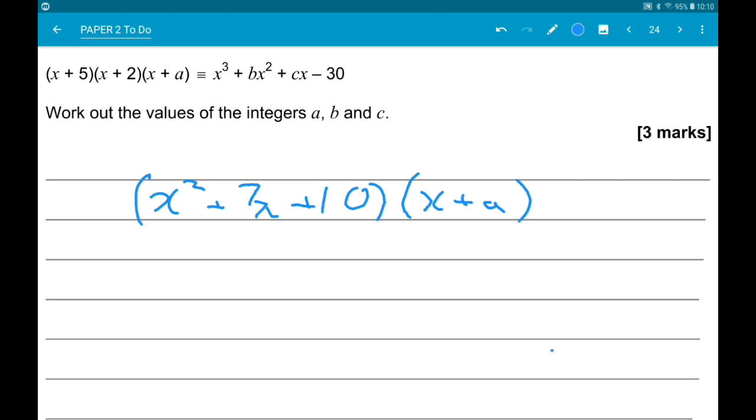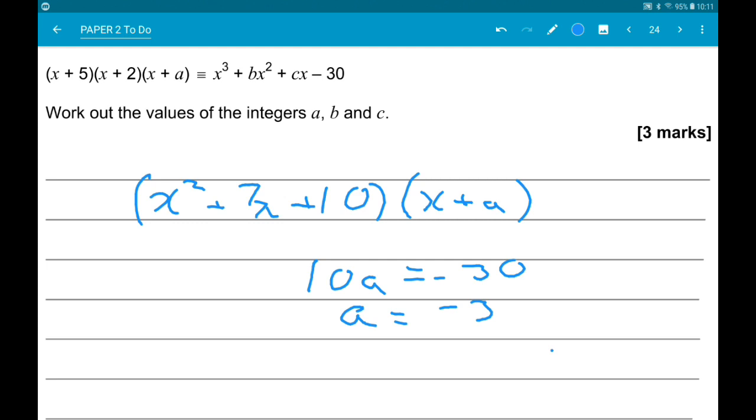Now, looking at the constant term on the right, it's minus 30. The only way that we're going to get that when we expand this left-hand side is 10 times a. So, 10a has to be minus 30. From that, divide by 10, a then is minus 3.